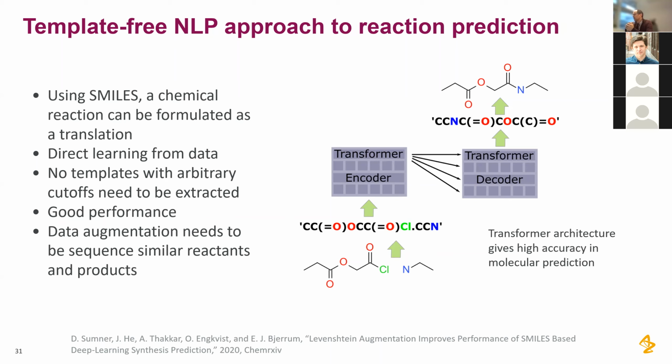We get a high accuracy in the molecular prediction. We can also use various data augmentation strategies here, but you need to be a bit more clever about how you do it and find things that are more sequence similar, then you can improve performance more.